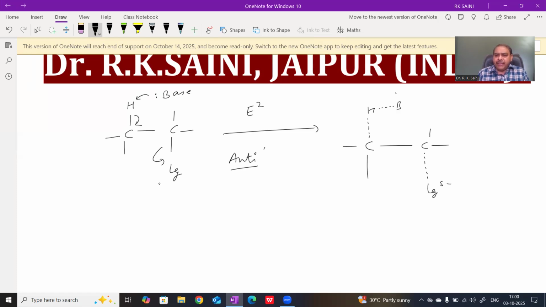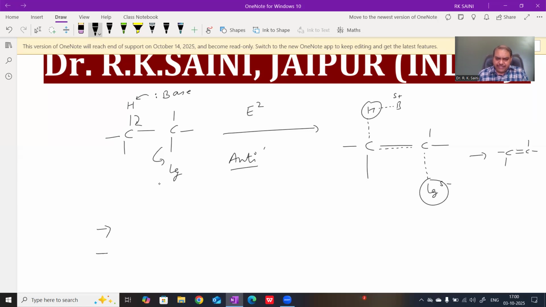It is typically anti-elimination, a single step reaction, and after removal of the leaving group and deprotonation, the product is an unsaturated hydrocarbon, namely alkene.